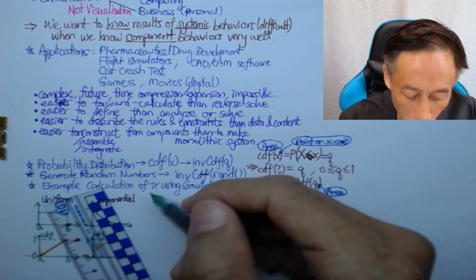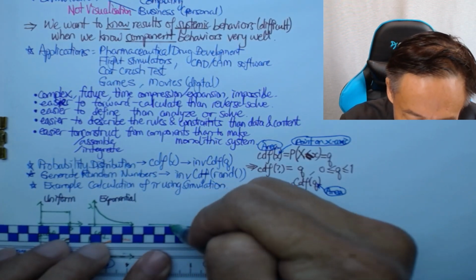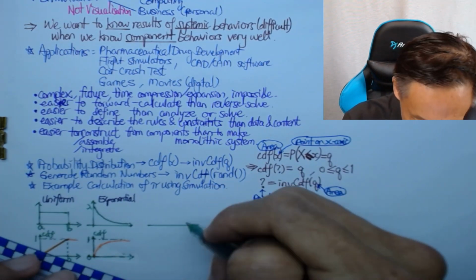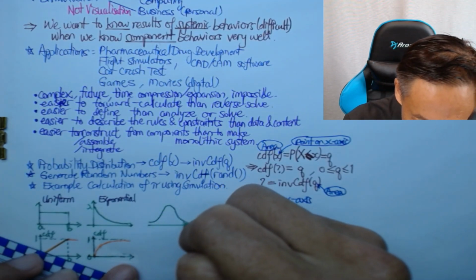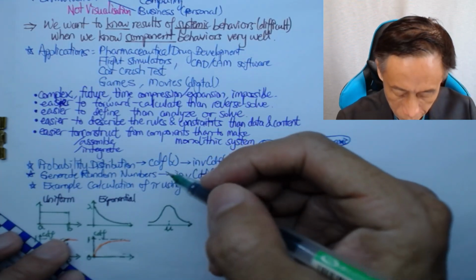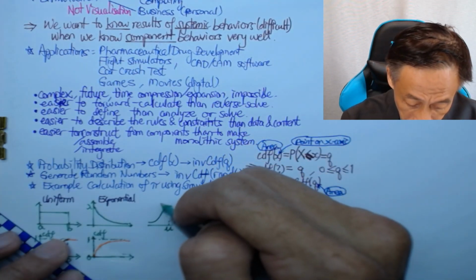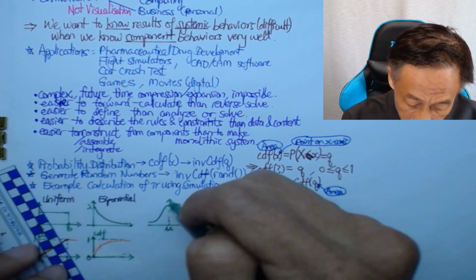Okay, we of course must talk about the normal distribution, right? And this will be the mu, centered at mu.